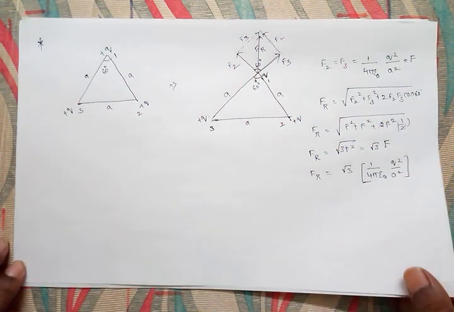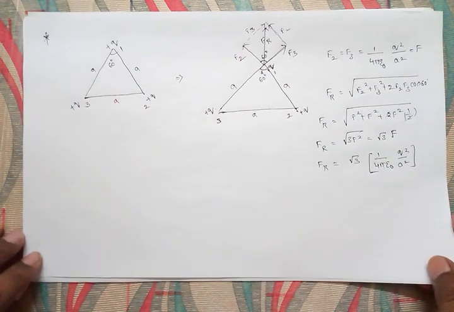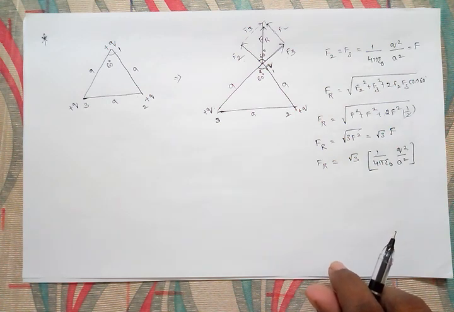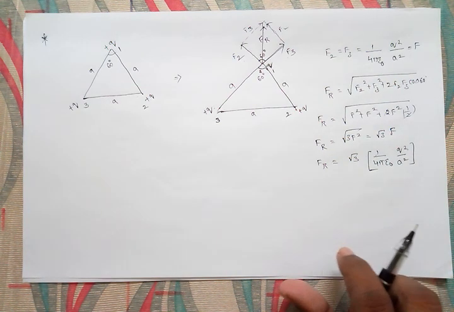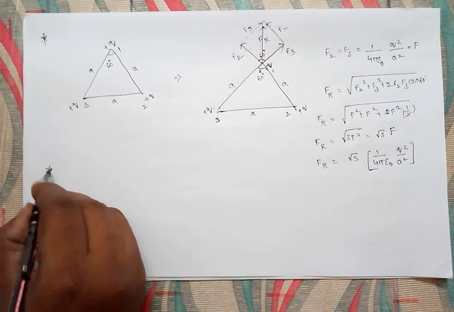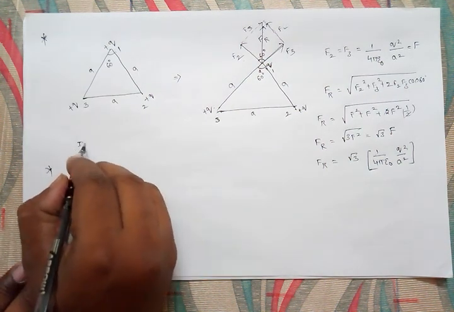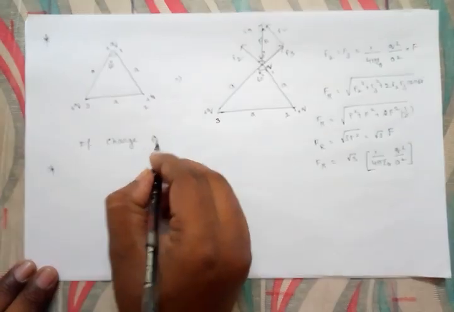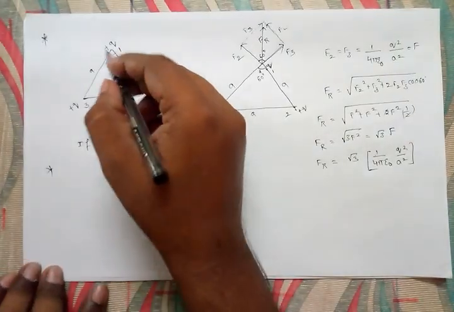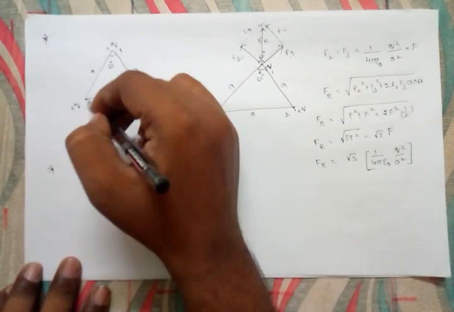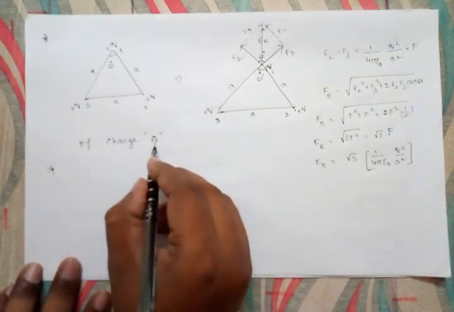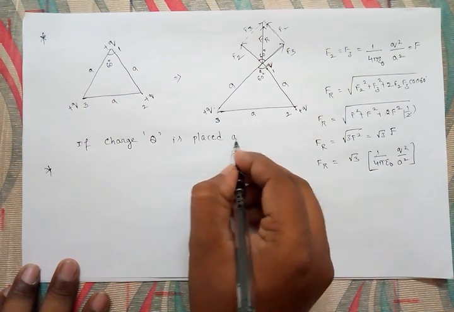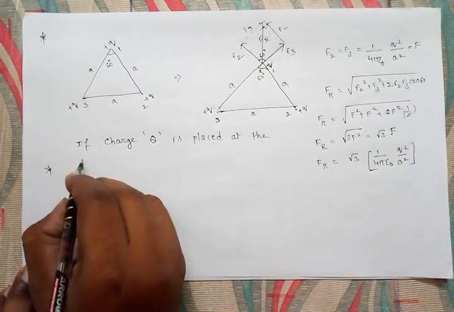Similarly, you can go for the next example, where a charge is located at the center of the triangle. Let us see here. Because we took the charges at 1, 2 and 3 as small q, here a different charge, capital Q, is placed at the center.